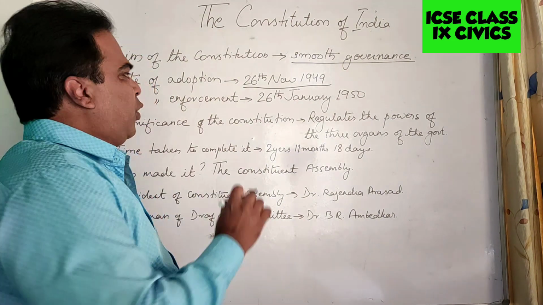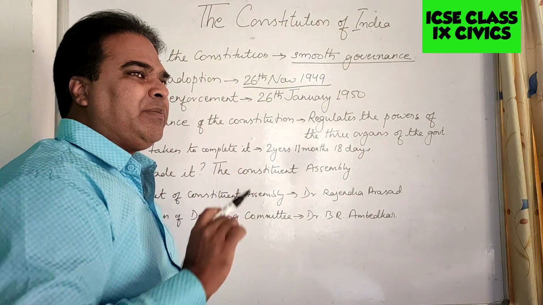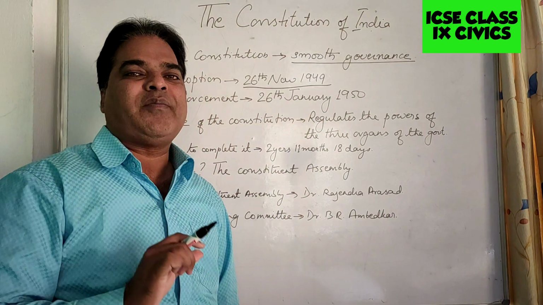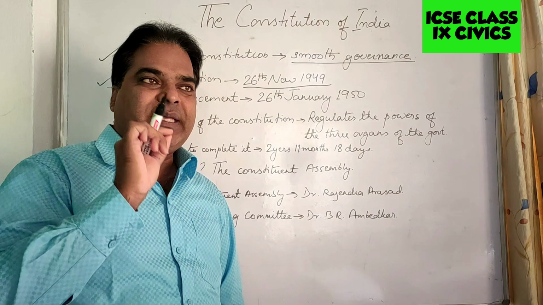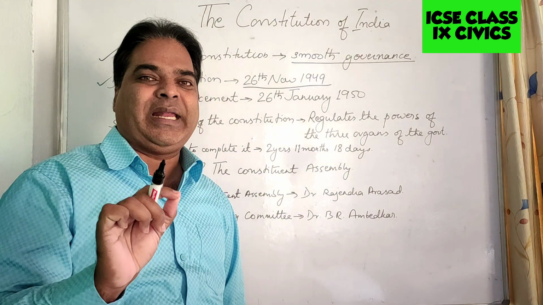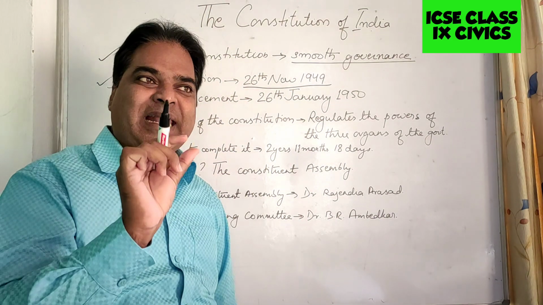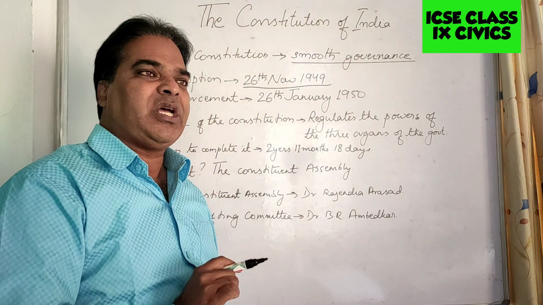Yes, sir. It was adopted in the year 1949. You must remember the last sentence of the preamble: this 26th day of November 1949, do hereby adopt, enact and give to ourselves this Constitution.